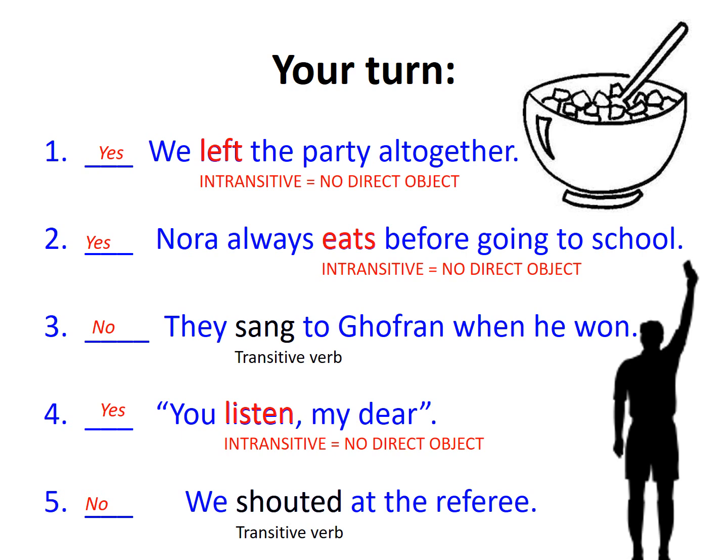The big thing to remember is that an intransitive verb has no direct object. That means there's no receiver of the action that is happening in the sentence. That might be because the object already mentioned is the subject of the sentence, as we see with number 2. Nora, she's the subject of the sentence, and so the verb refers to what she does. It doesn't refer to anyone separate or different.